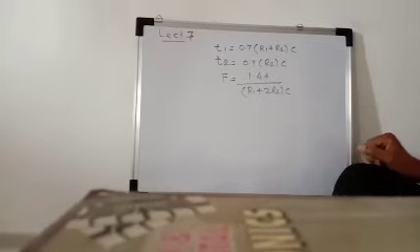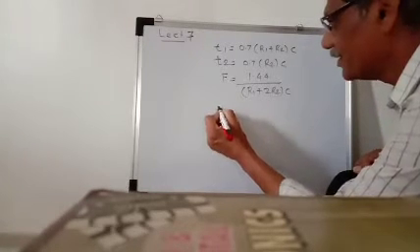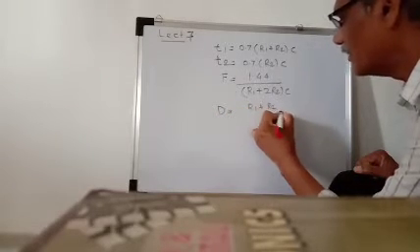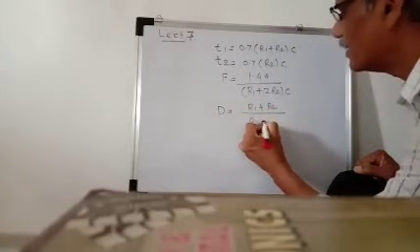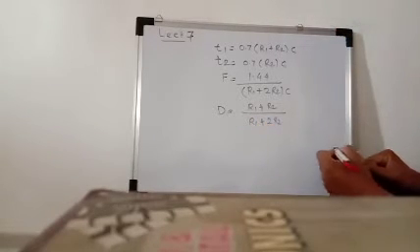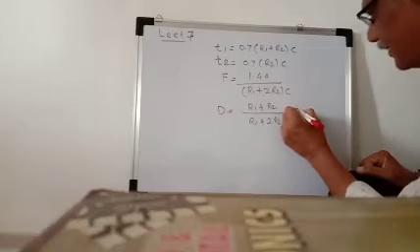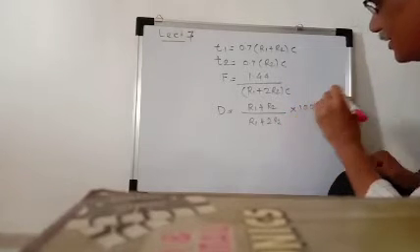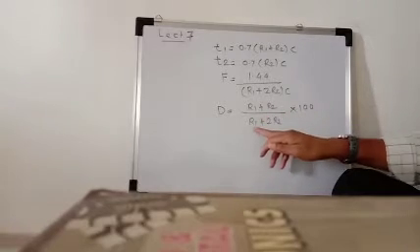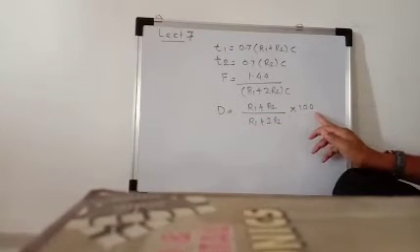Okay, and the duty cycle D is equal to (R1 plus R2) divided by (R1 plus 2 R2) into 100.